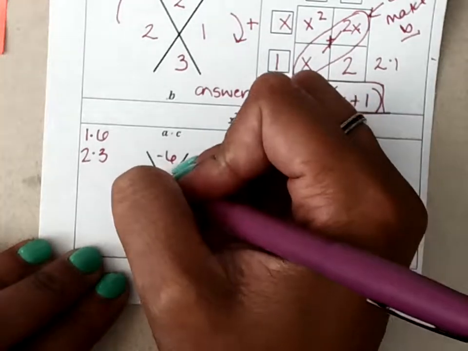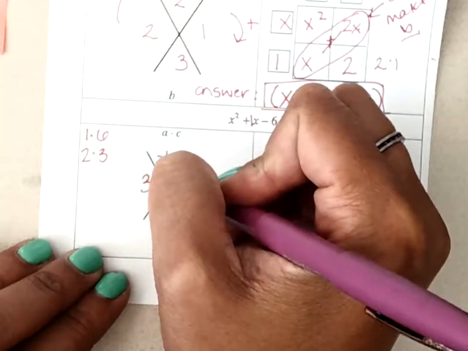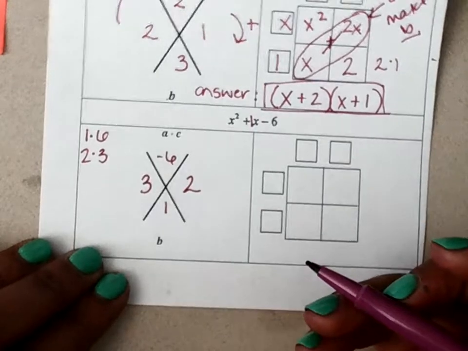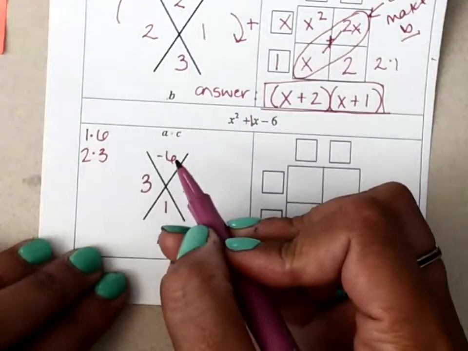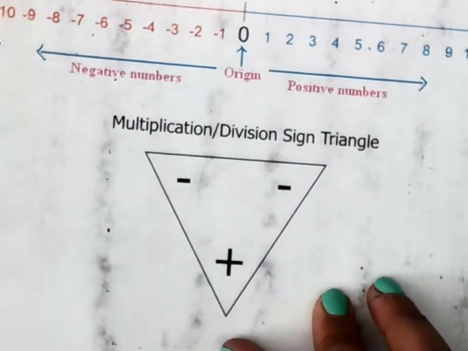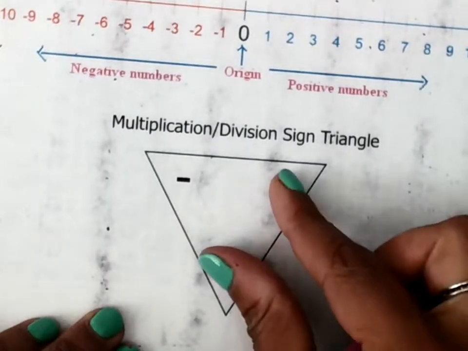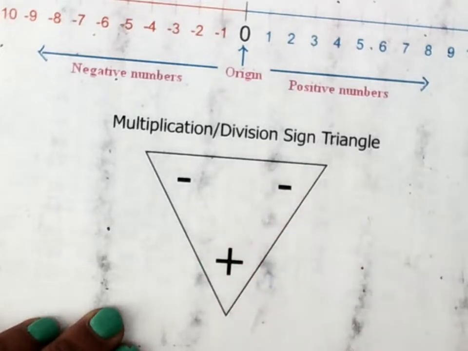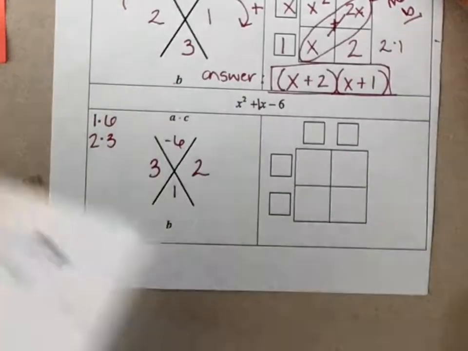So we've figured out our numbers. Now we just need to figure out which one is positive or negative, or are they both positive or both negative. Well, we know that if they have to multiply to negative 6, the only way to be left with a negative is if we multiply a positive and a negative. So we know one of them has to be positive and one of them has to be negative.